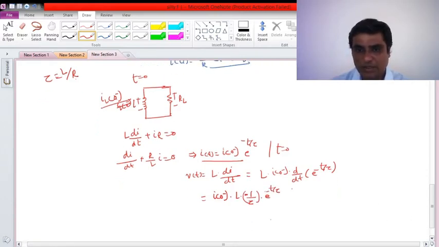And since tau is L by R, the L will cancel, so it will be minus R into I of 0 negative into e raised to minus t by tau.